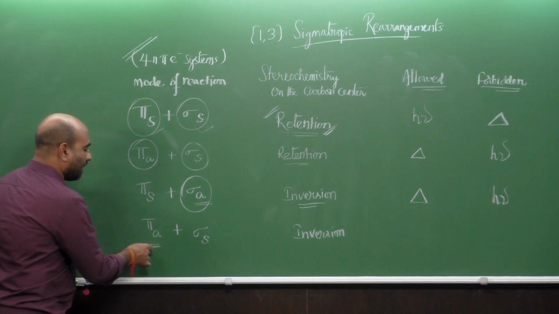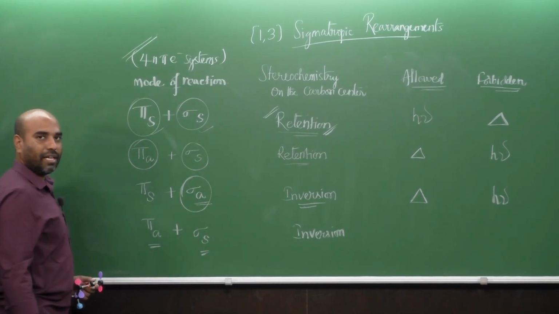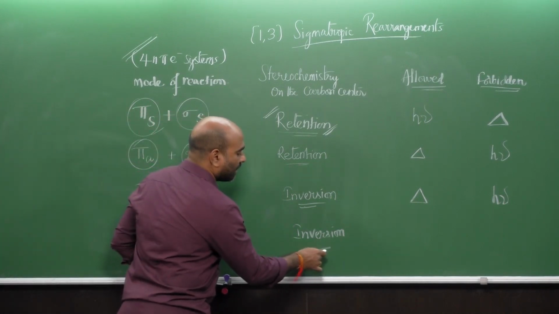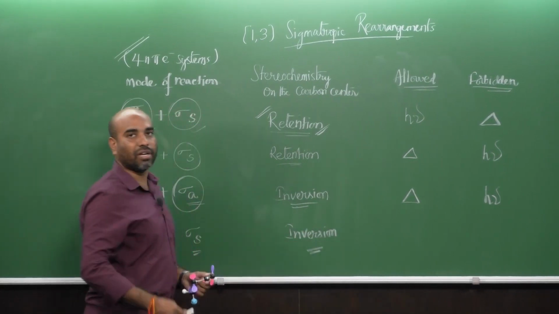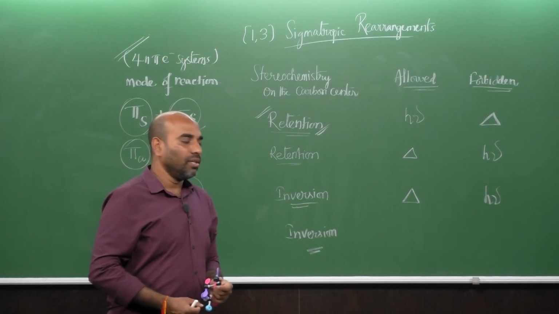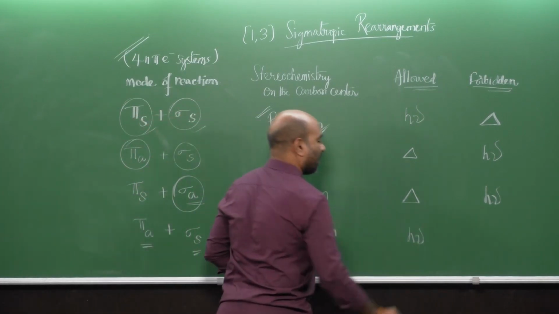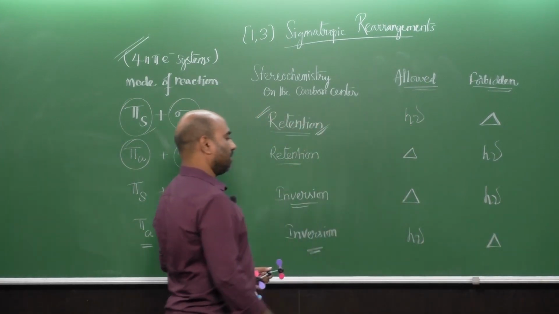So the pi center is an antara partner and the sigma center is a suprafacial partner, but still you have to get the reaction done where you can see the inversion of configuration. So this type of reaction is possible under photochemical conditions and forbidden under thermal conditions.